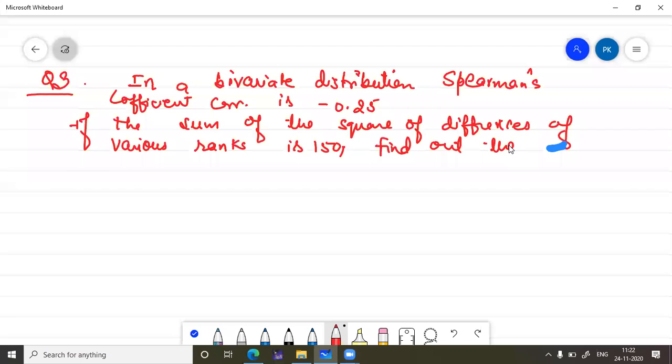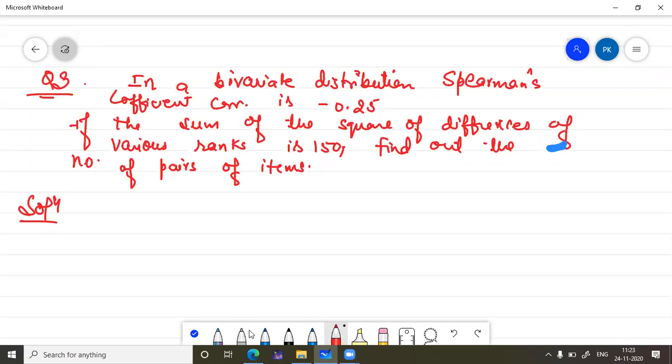Find out the number of pairs of items. So it's very simple. This is just a formula based problem.